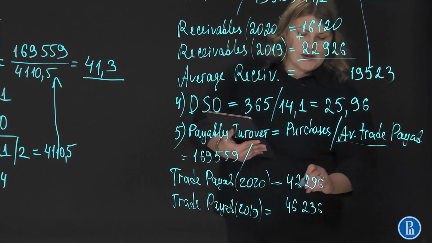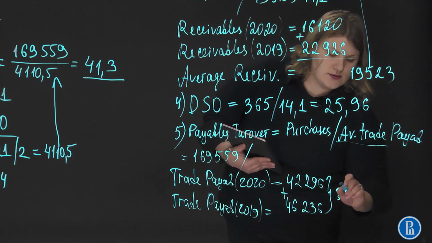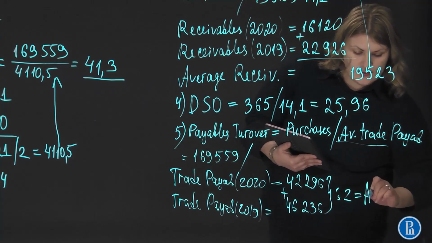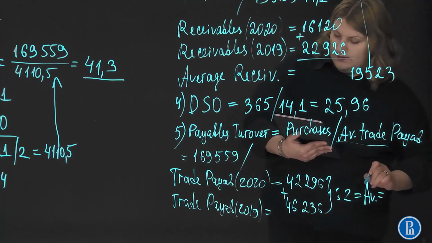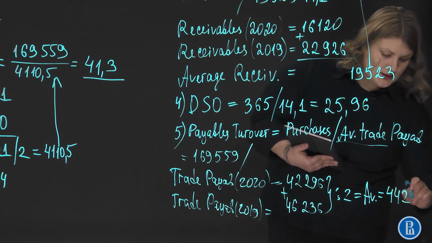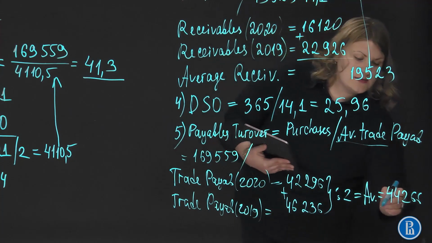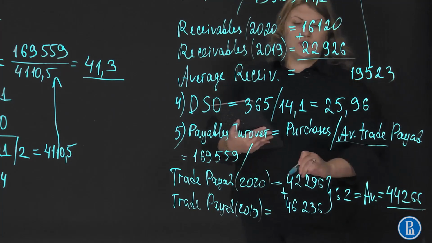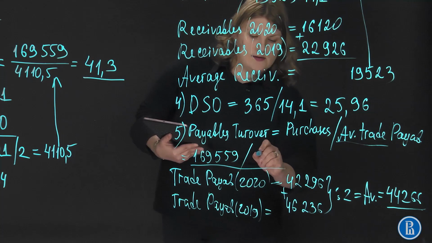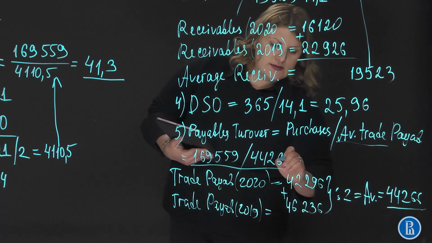Now, as we add them together and divide over 2, we will get an average resulting with 44,266. And this is the figure which we will use in our formula. Right here, 44,266.